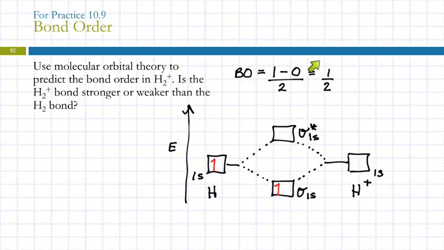So compared to H2 with a bond order of 1, this is lower, it's smaller, so this bond is weaker. See how that kind of works?